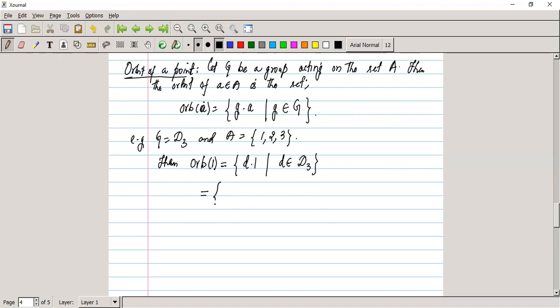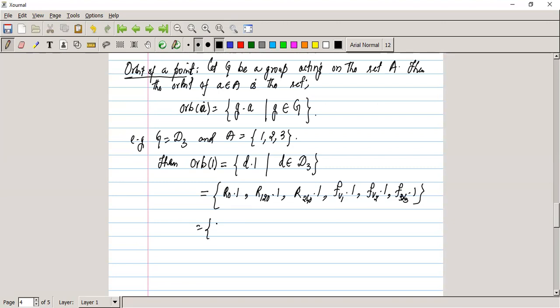So first the identity mapping. Identity element of D3, that is R0, the rotation of 0 degree, it fixes 1. So under R0 it is actually R0(1), then it is R120(1), then it is R240(1), this is by the definition, then this is FV1 of 1, then FV2 of 1, and it is FV3 of 1.